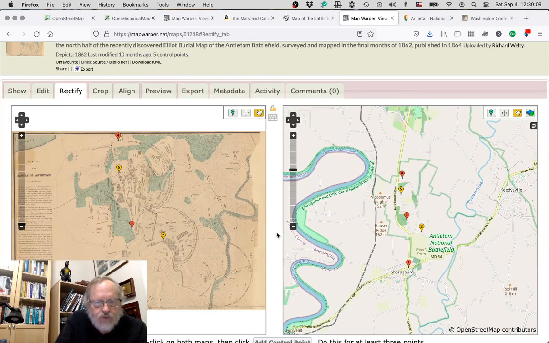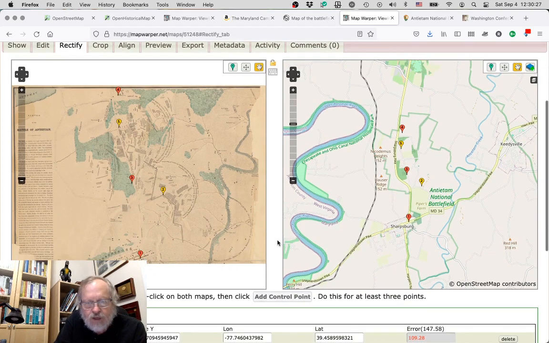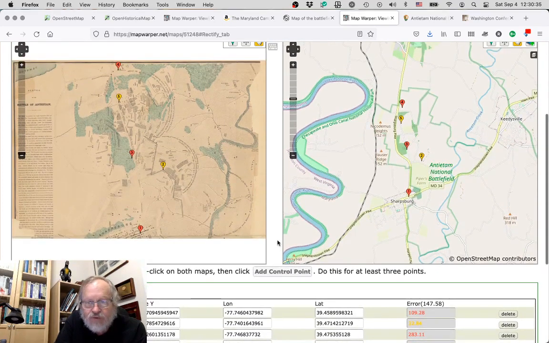So we end up in this situation where we have to start rectifying it piecemeal. Right now I'm seeing two yellow control points in rectification and a couple of red ones.